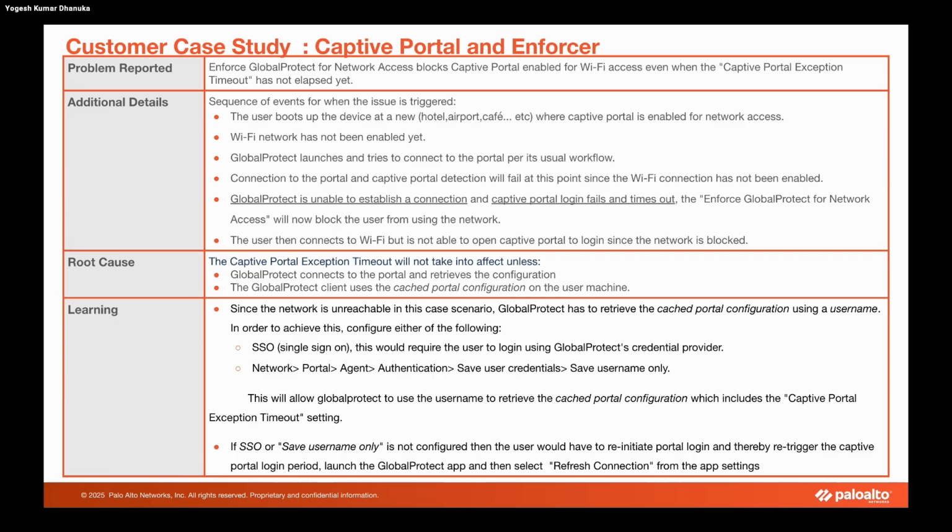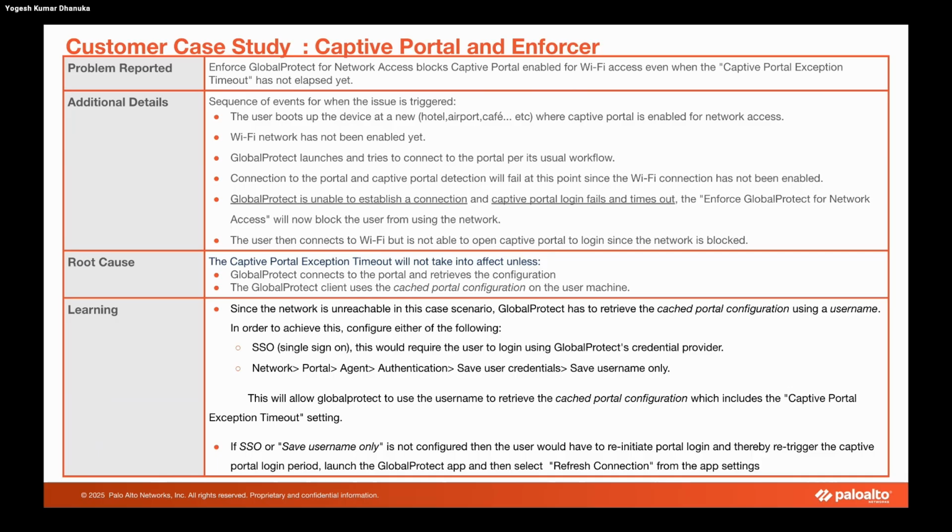This is happening because the captive portal timeout does not start. That does not start because the user does not have SSO enabled, and they do not have the save user credentials option enabled. When the GP is not connected, it doesn't have the portal configuration to know that it needs to start the captive portal timeout or any other form of timeout.